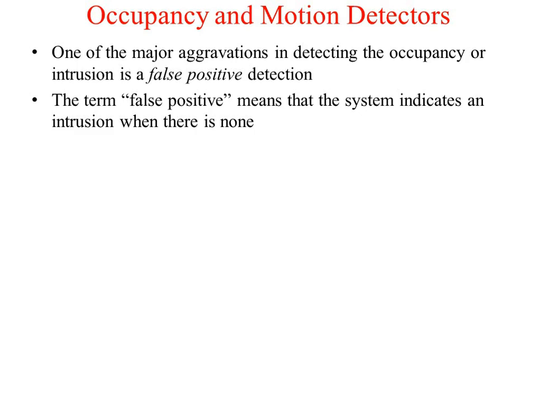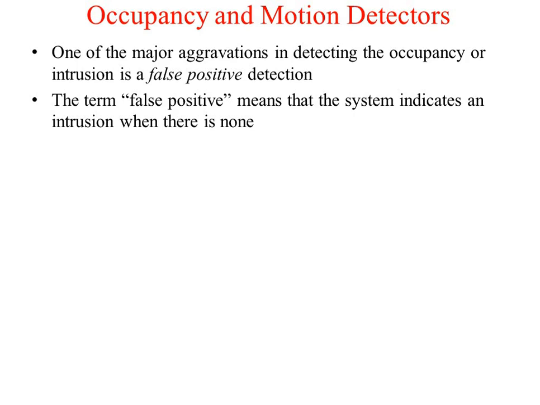False positive means the system indicates an intrusion even though there is nothing. That means no one has entered, but still you have got the alarm. That is called a false positive indication. So this is the major limitation of these occupancy and motion detectors.